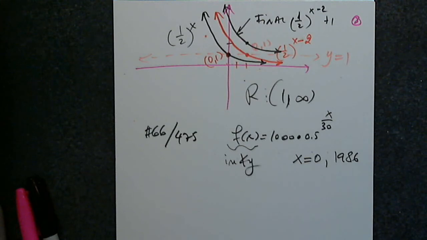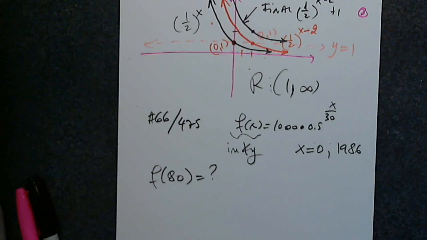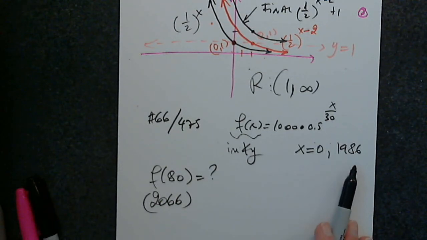If even 100 kilograms of cesium-137 remain in Chernobyl's atmosphere, the area is considered unsafe for human habitation. Find f of 80 and determine if Chernobyl will be safe for human habitation in the year 2066. So 80 years since 1986 will be the year 2066.